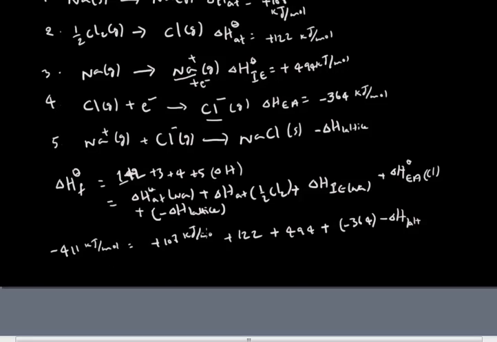So we know all these values, so we can use them to determine delta H lattice. Negative 411 kilojoules per mole should be equal to the sum of all these values, which is about positive 360, and we have a remaining term which is negative delta H lattice.